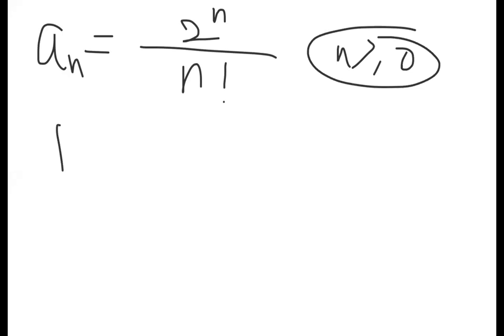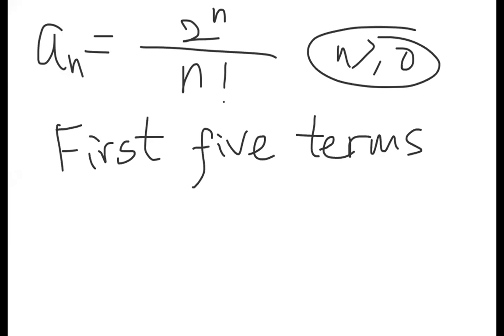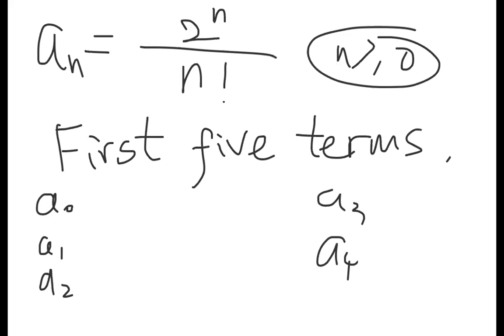For example, if you have the general term as 2 to the nth power divided by n factorial, then when you want to find out the first 5 terms for this sequence, you just plug in n equals 0, n equals 1, and 2 for the sequence.